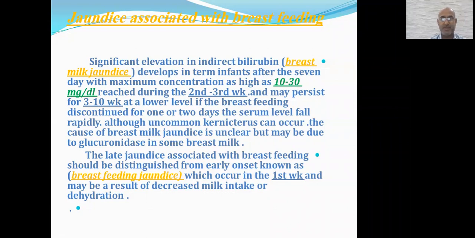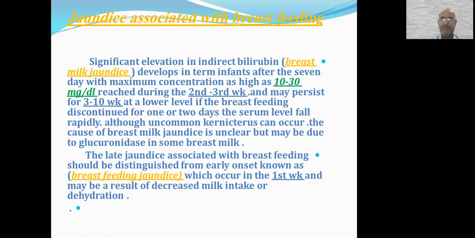Breast milk jaundice may result in a high level of bilirubin due to the presence of glucuronidase enzyme, similar to that present in the intestine, which we talk about briefly in this lecture.